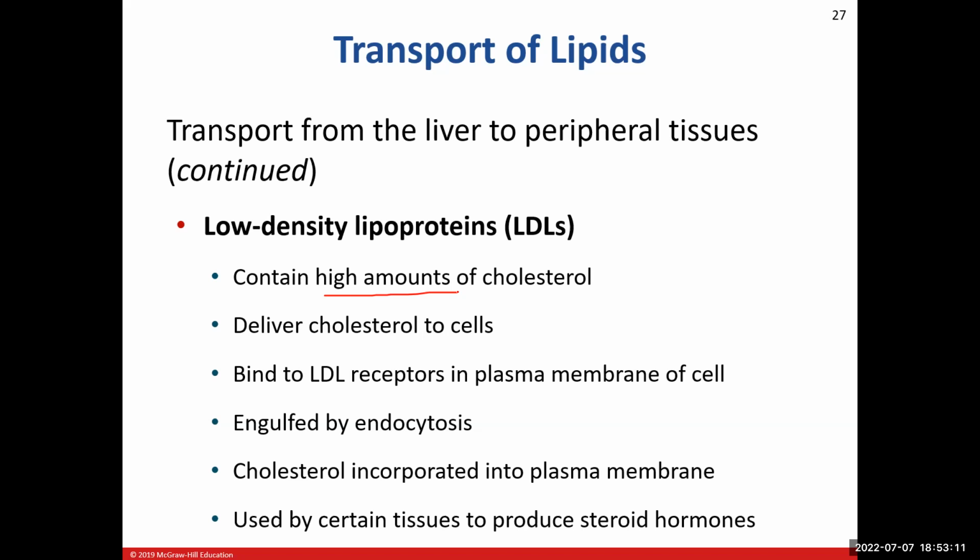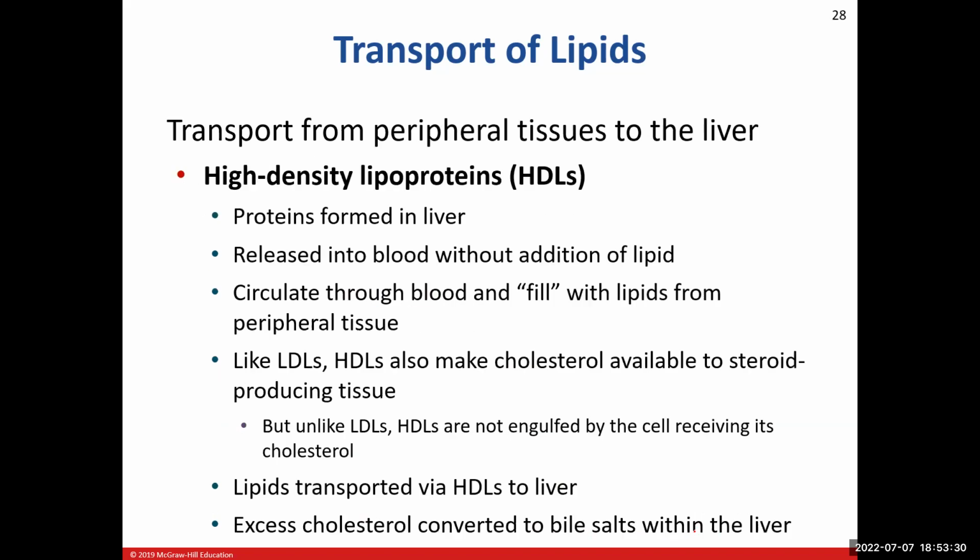Then we'll see whatever that cholesterol is used for. It could be a gland that needs to make more hormones, so we'll see it used to help make steroid hormones, in the testicles and also in the ovaries.